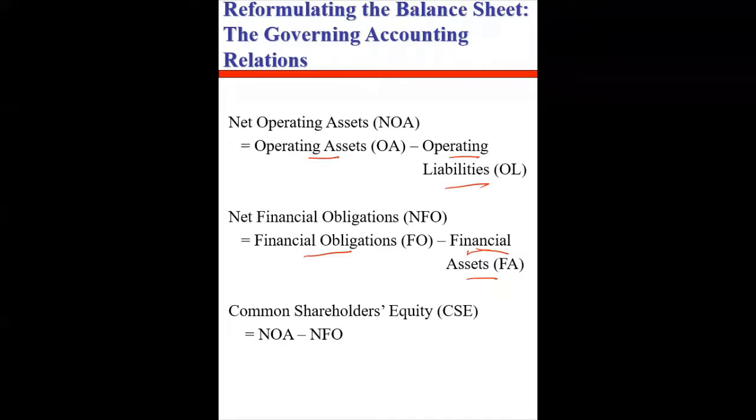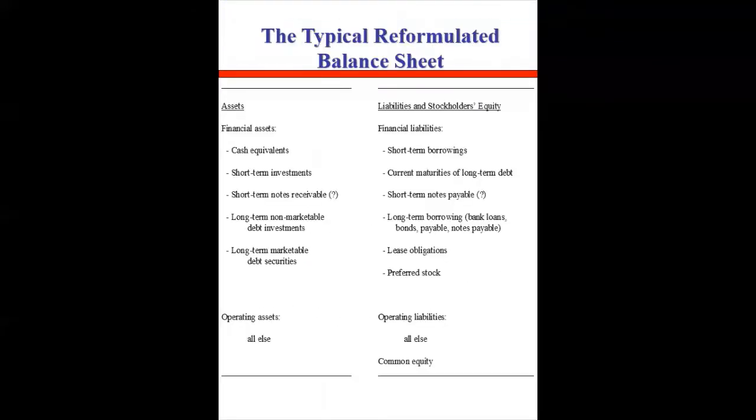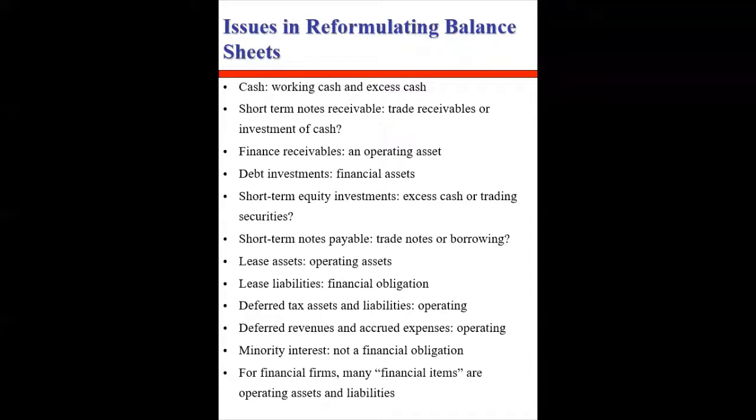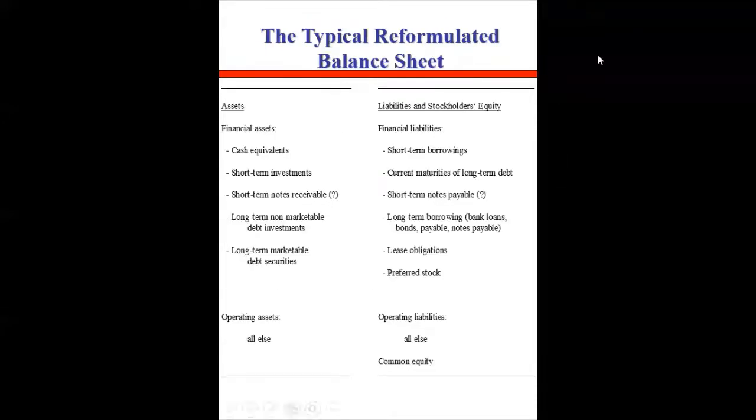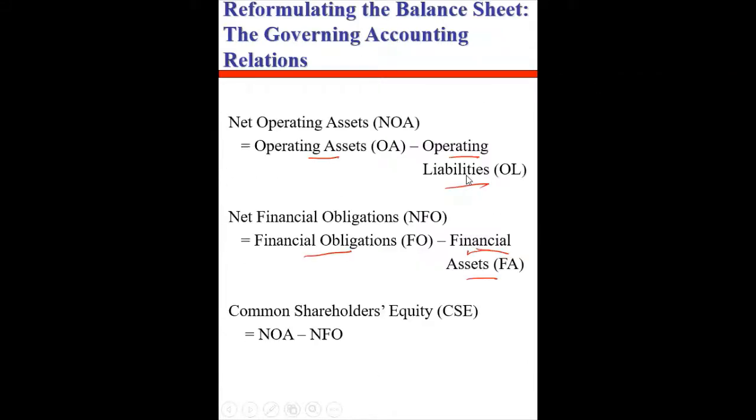So before making a reformulated balance sheet, we need to learn some basic areas. First of all, we need to understand the business, and then it will help us to make the classification.